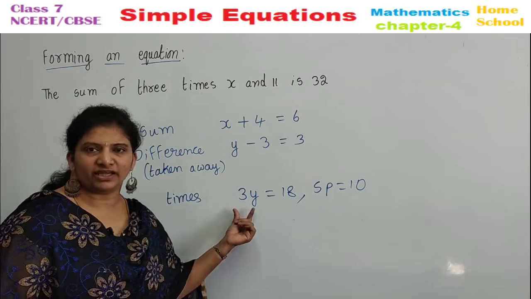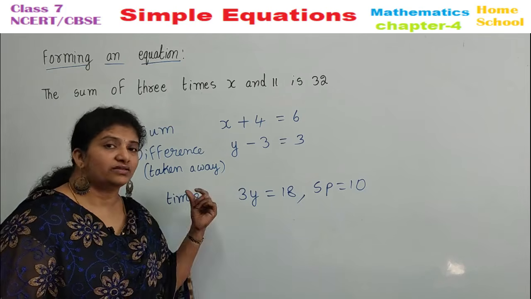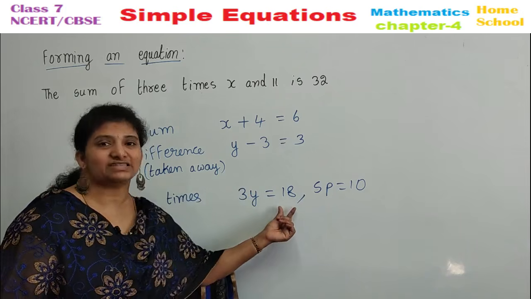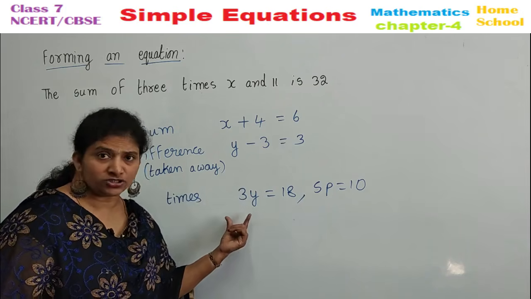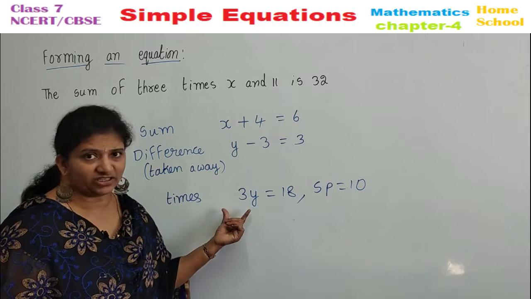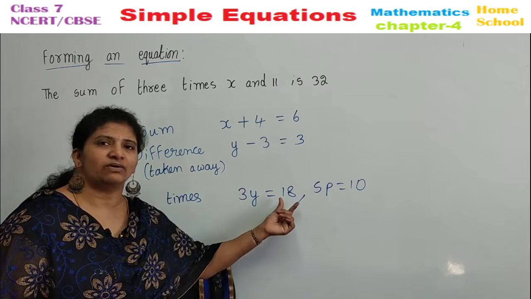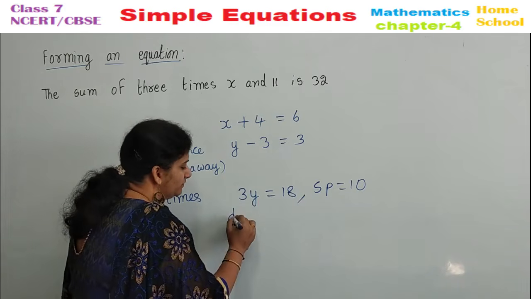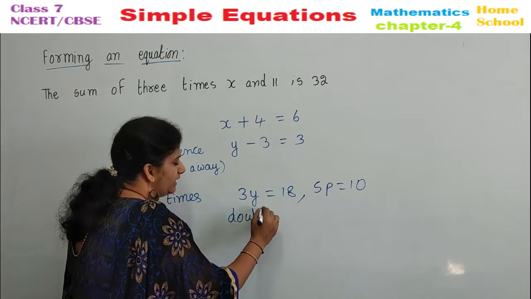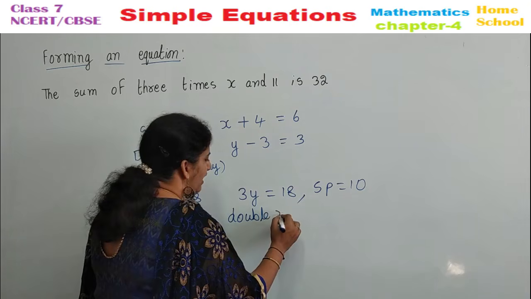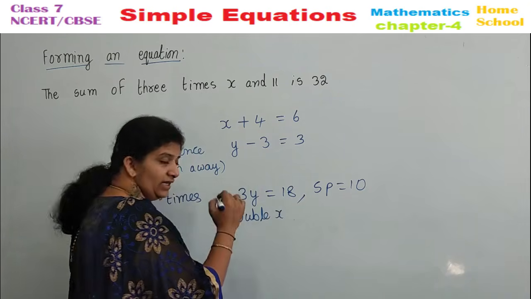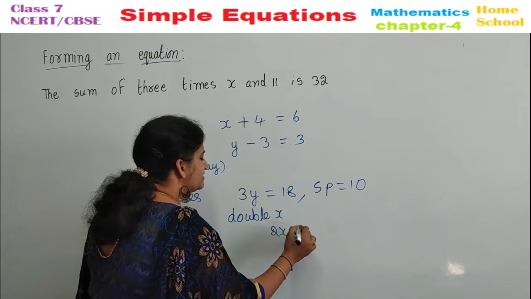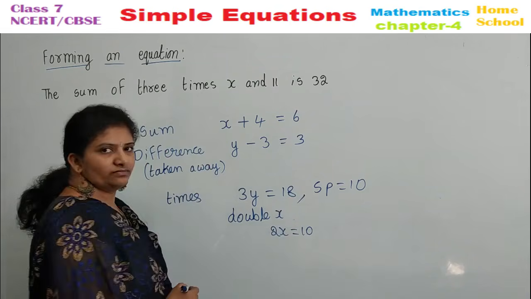In this multiplication, you may use the word 3 times y, or product of 3 and y is 18. Product also we can say, product means multiplication. 3 into y is equal to 18. And another way, double the variable x. Double x means 2x is equal to 10.